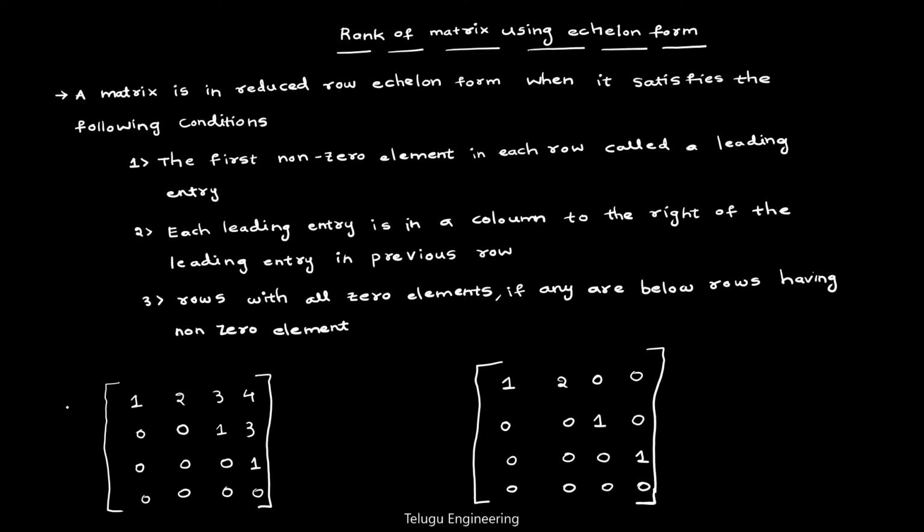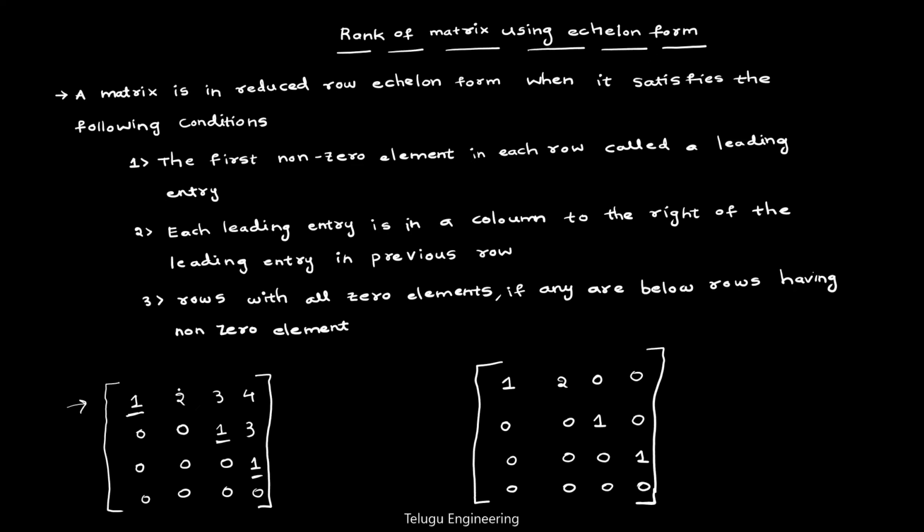For example, we have to look from this side, and here one is called the leading element in the first row, here one is the leading element of the second row, and this one is the leading element of the third row.